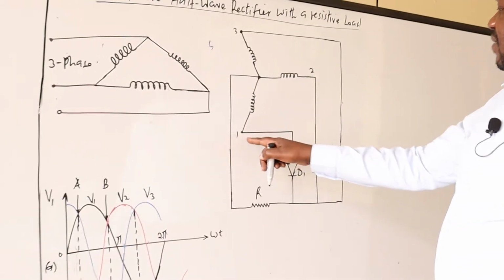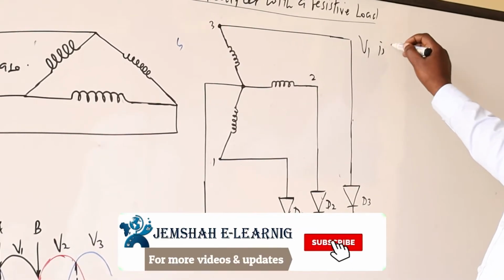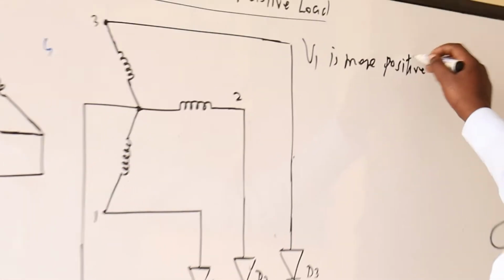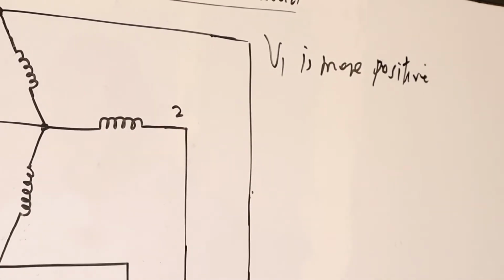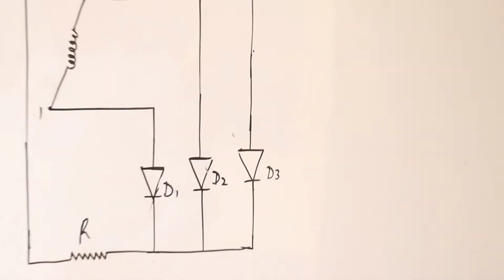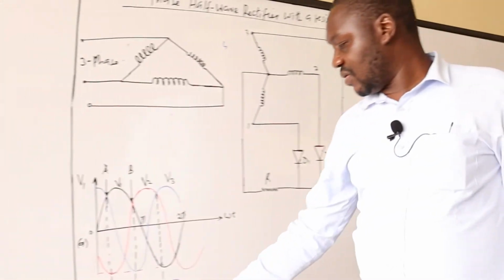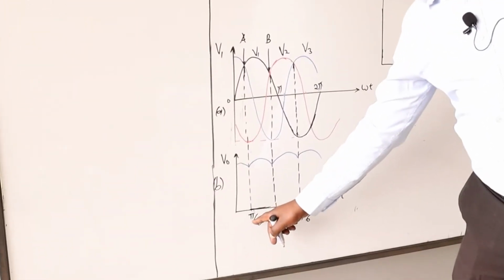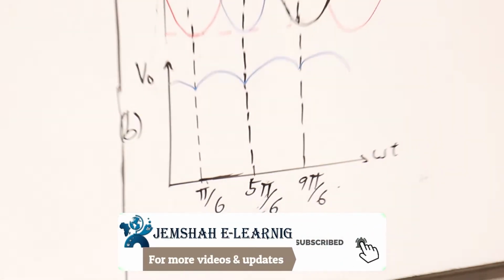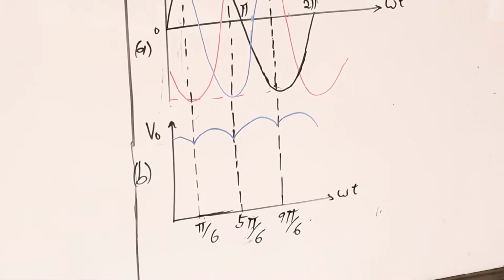When voltage V1 is more positive than V2 and V3, then our diode D1 will be conducting, that is between 0 up to pi over 6, between from pi over 6 to 5 pi over 6. So at 5 pi over 6, it will cease to conduct.